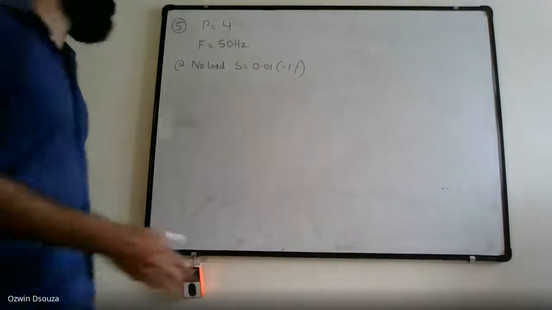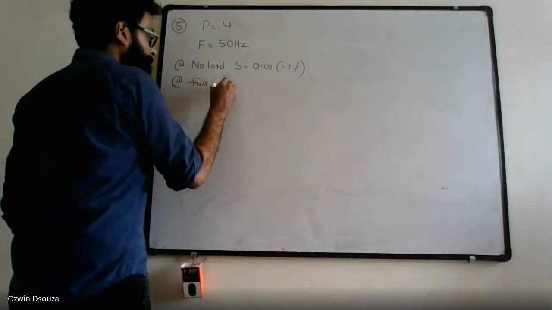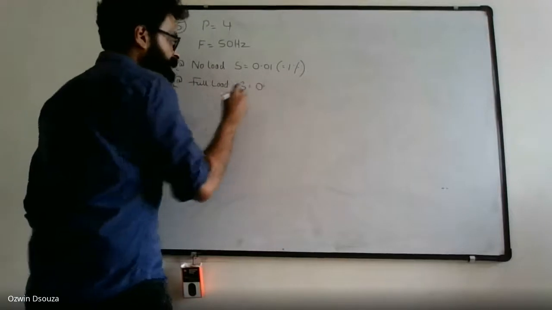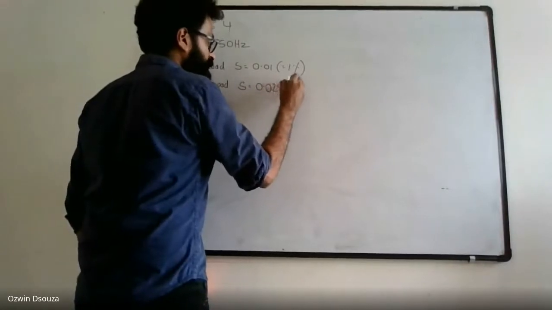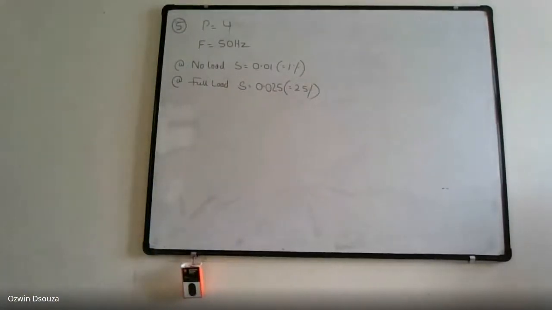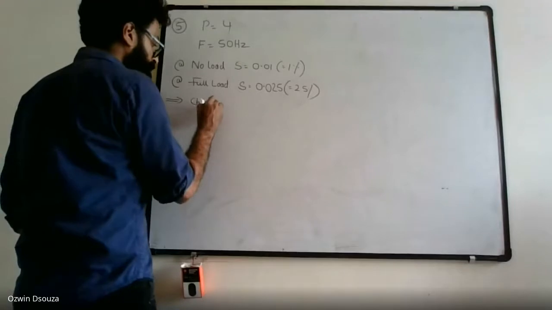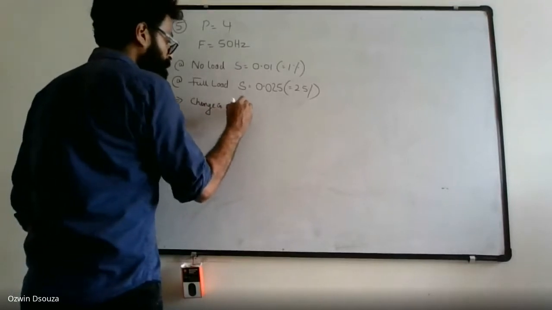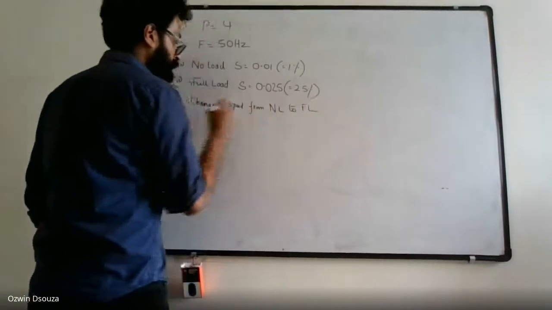But at full load, the slip becomes 2.5%, that is 0.025. You need to find the change in speed from no load to full load.